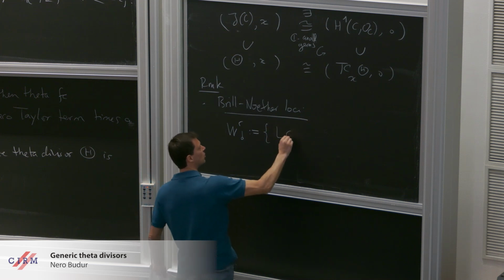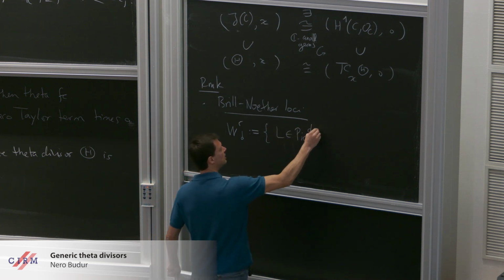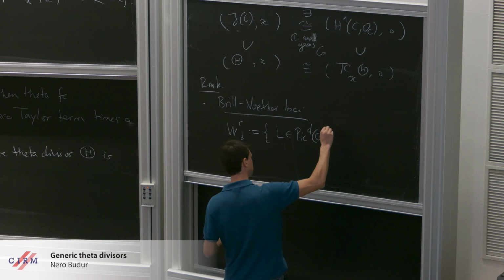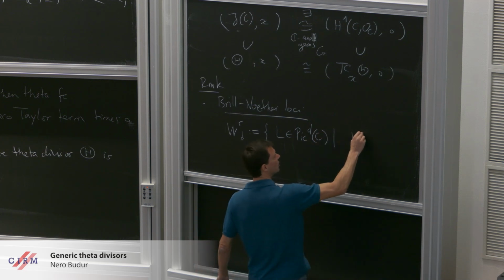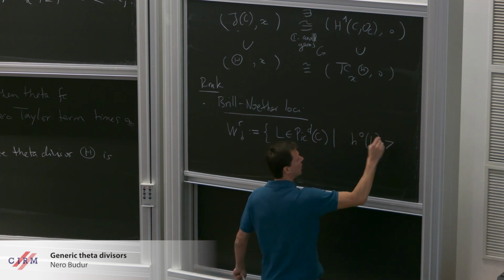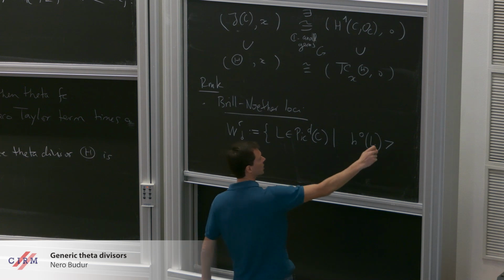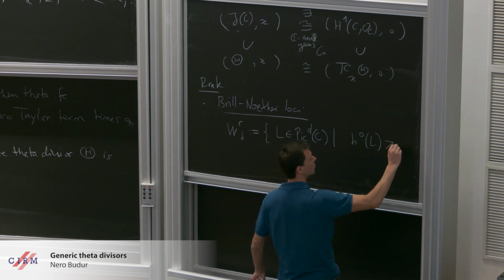These are the isomorphism classes of degree d line bundles on the curve that have strictly more than r linearly independent global sections.